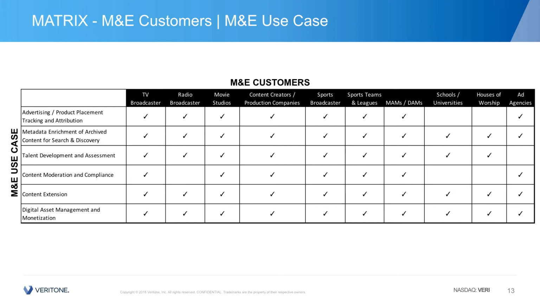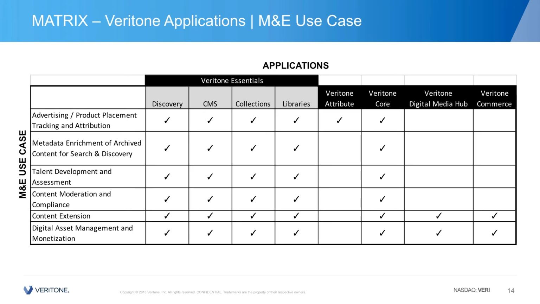If you look at the top, you can see all the check marks there, so this is a great reference chart for you. We took it one step further and showed how all the applications we talked about, because we're talking about Veritone Essentials today, apply to these use cases. And then if you go back to the previous slide, these apply to those target markets we talked about.